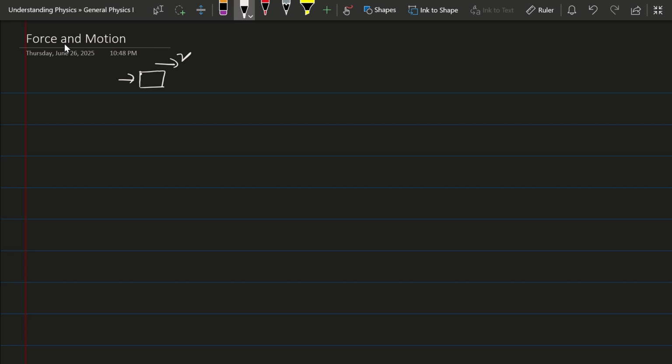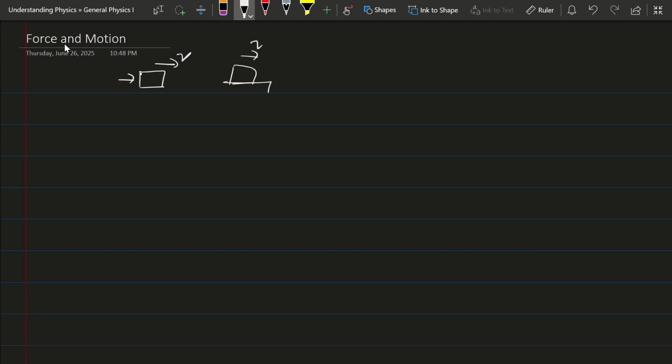But with our current understanding, this is not the case. If you have, for example, a block being pushed on ice, and you only give it a light tap, it will still have some speed.